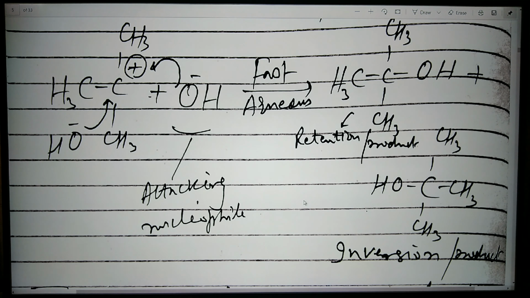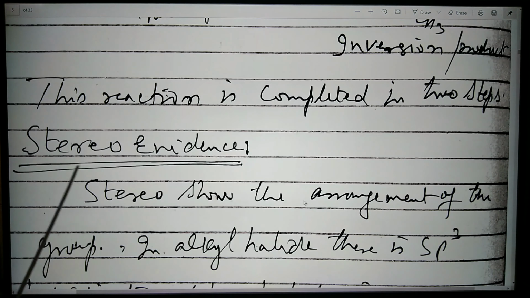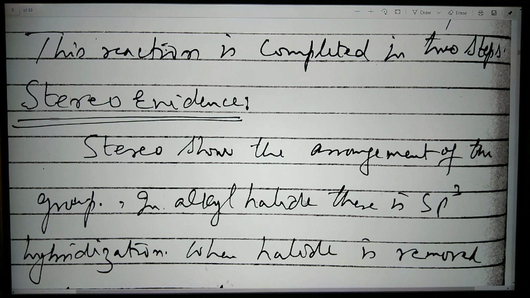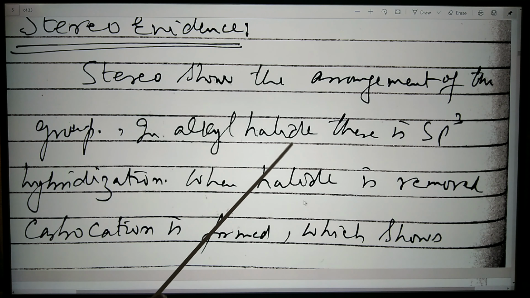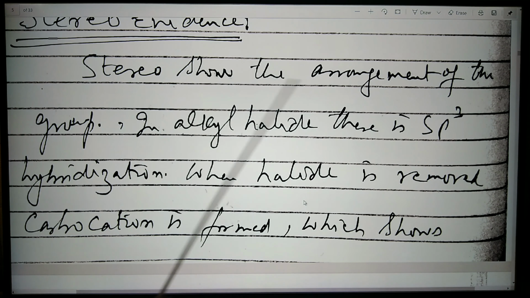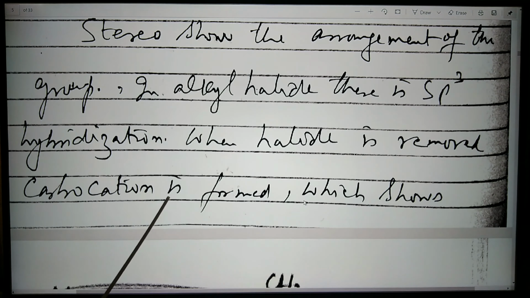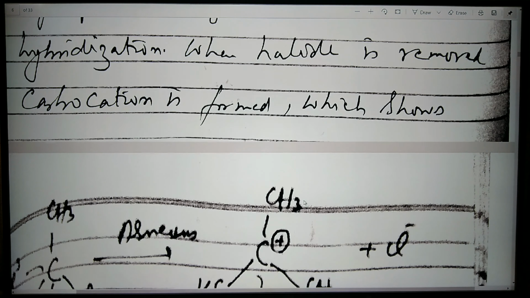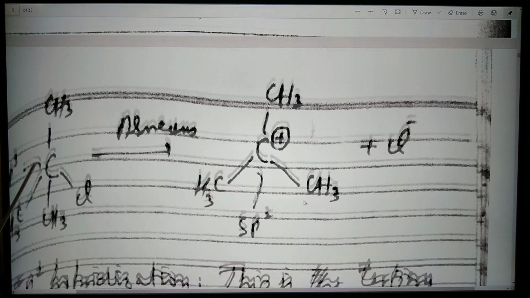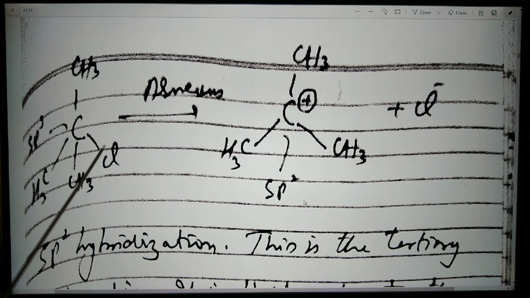The next evidence is the stereo evidence. The first one was kinetic, now stereo. Stereo shows the arrangement of the groups on the alkyl halide. There is sp3 hybridization. When the halide is removed, a carbocation is formed, which shows sp2 hybridization. For example, you can see here CH3, CH3, CH3 and Cl: 1, 2, 3 and 4.